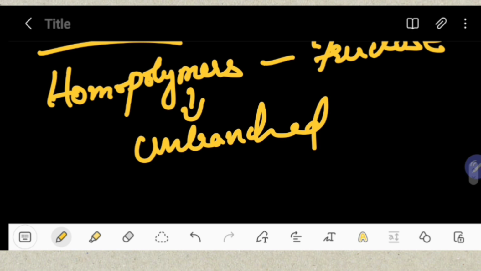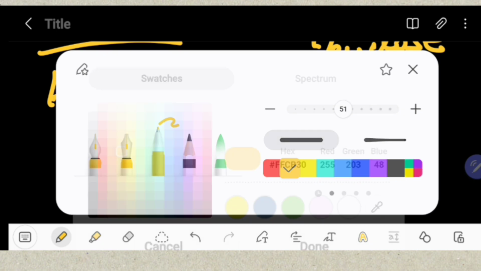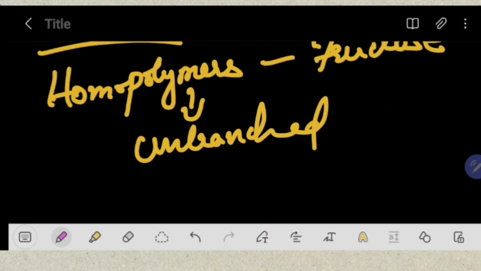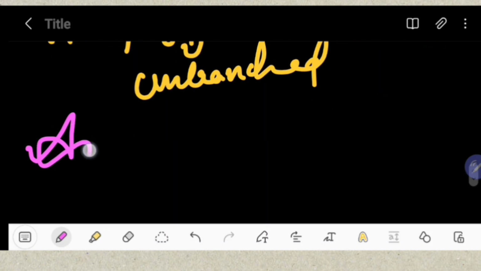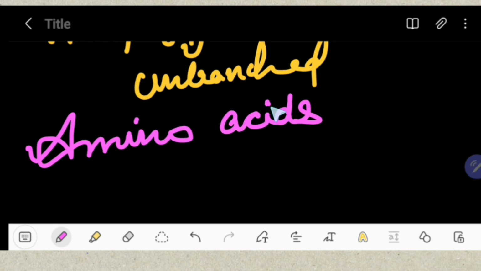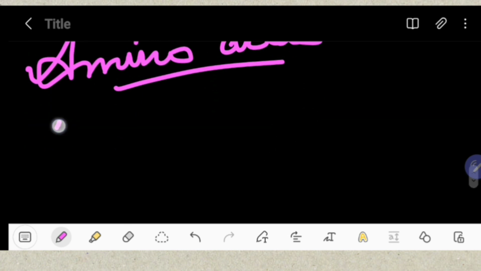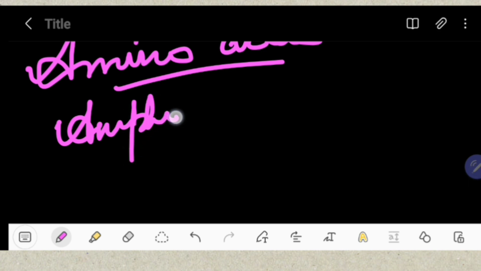So carbohydrates got over. Now next is amino acids. Amino acids are substituted methanes. Each amino acid is amphoteric due to the presence of a basic amino group and an acidic carboxyl group.